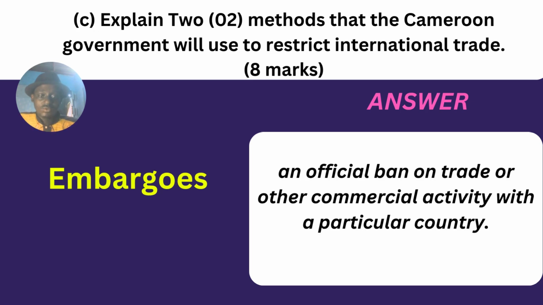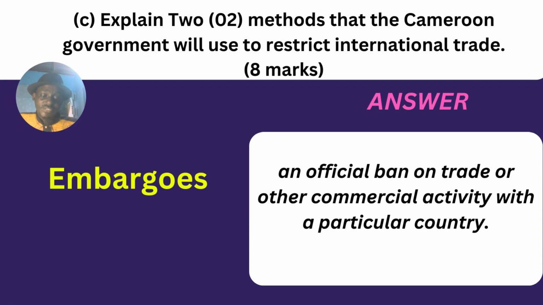Number two method the government of Cameroon can use to restrict international trade is embargoes, right? An embargo is an official ban on trade or other commercial activity with a particular country.